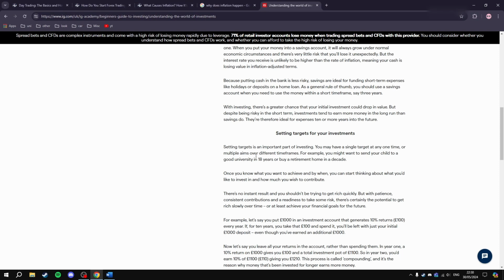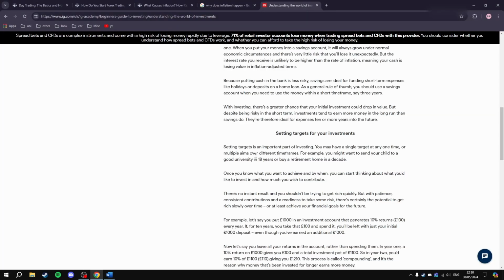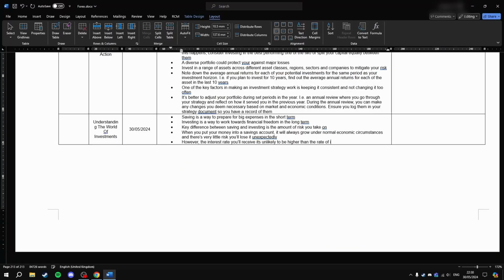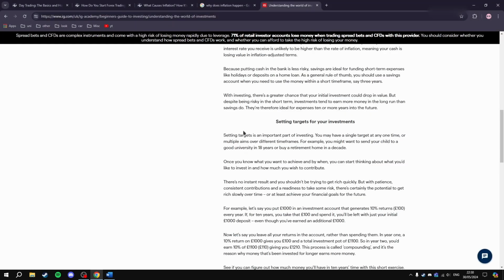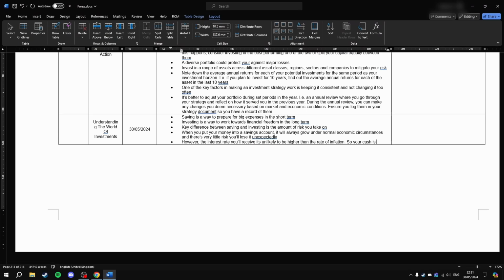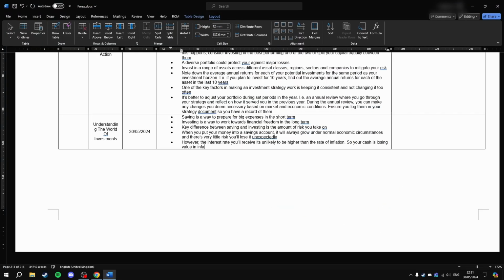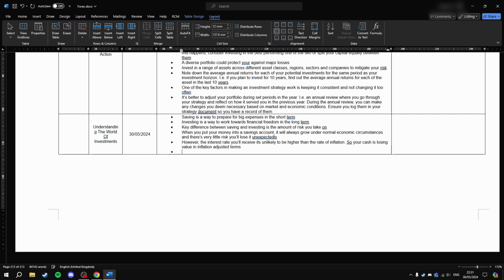But the interest rate you receive is unlikely to be higher than the rate of inflation, meaning your cash is losing value in inflation-adjusted terms.